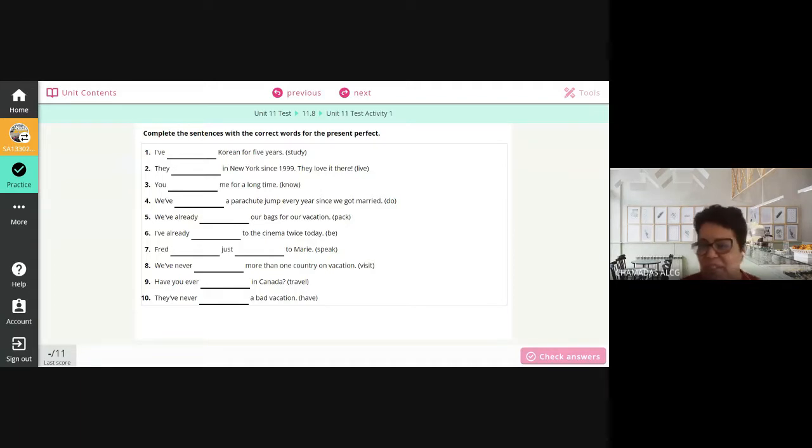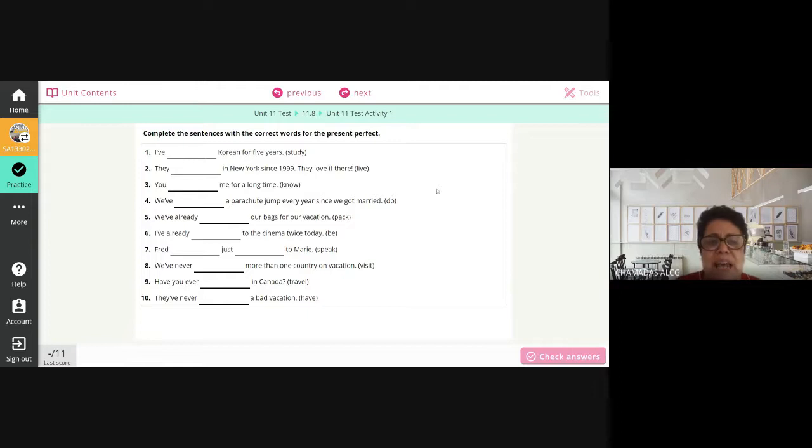Welcome. Okay. So we are doing the beginning of our review today from Unit 11, and we are opening the Unit 11 test from online practice. So here the exercise says, complete the sentences with the correct words from the present or for the present perfect.